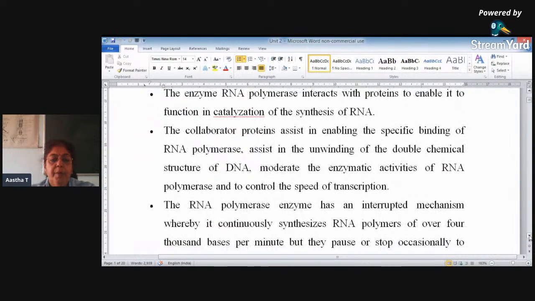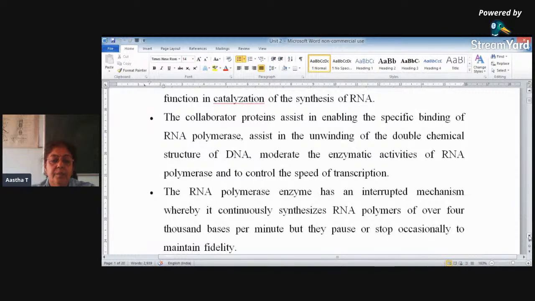This RNA polymerase has an uninterrupted mechanism whereby it continuously synthesizes RNA polymers of over 4,000 bases per minute.